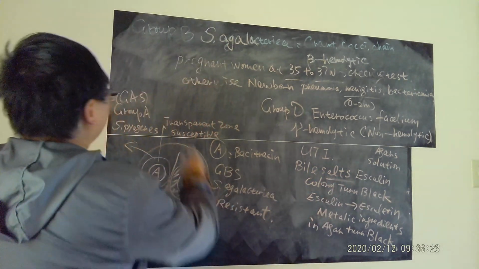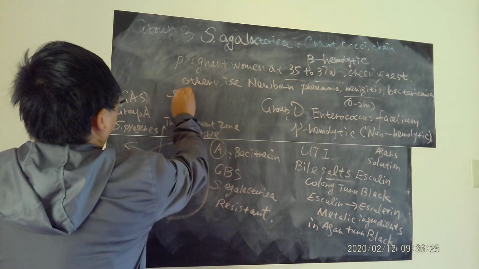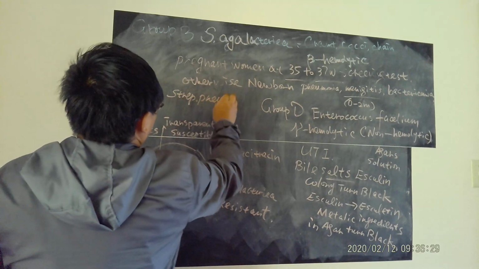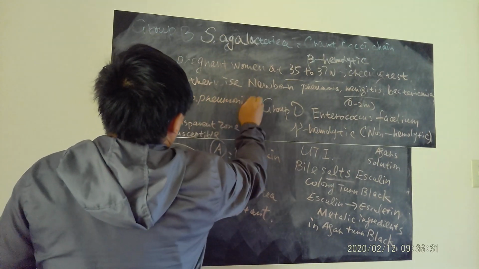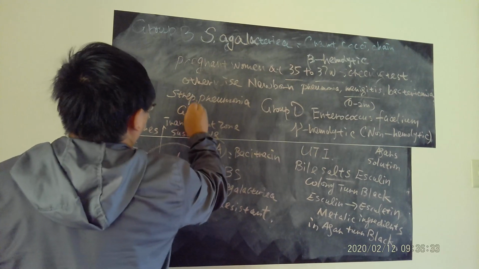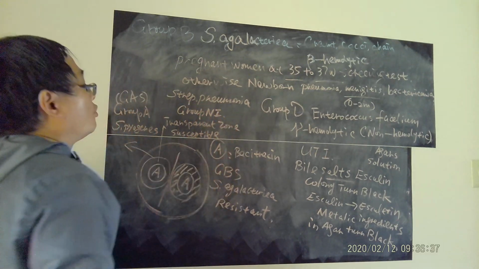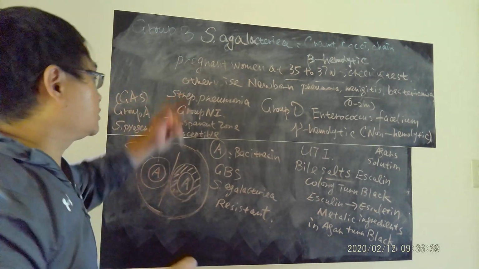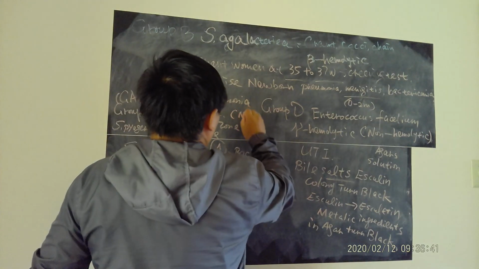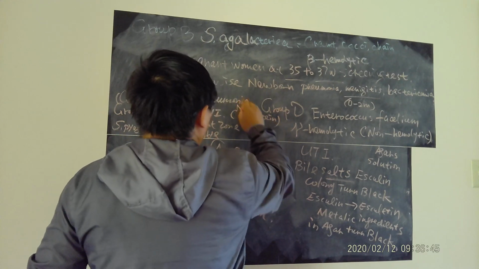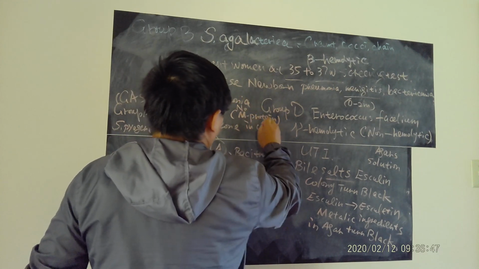Now, when we talked before about Streptococcus pneumoniae, this guy we say is no group. Why? Because there is no M protein in the cell wall.